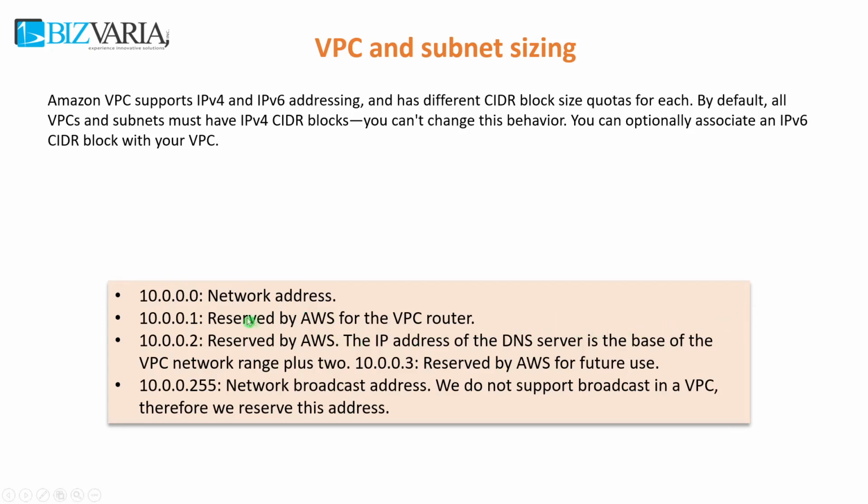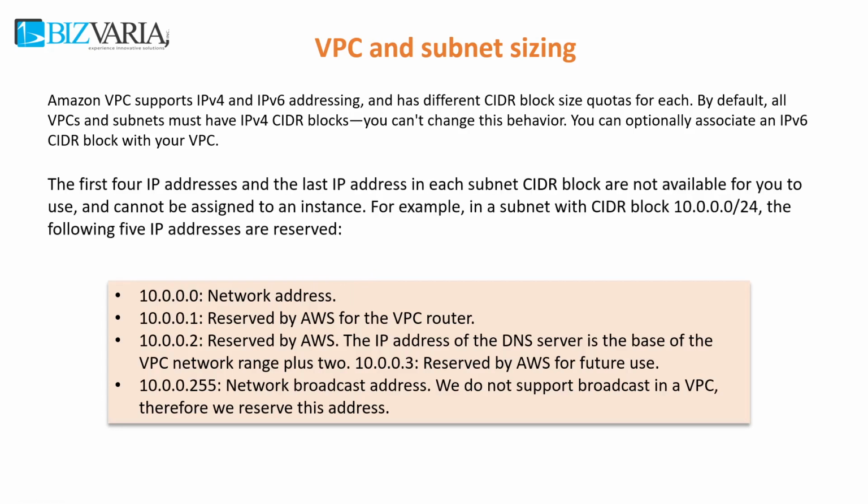So this is what happens. The network addresses are reserved when you create the CIDR block. When you do the sizing, 4 IP addresses are taken by Amazon. Let's say you have a CIDR block of 16 IP addresses for your subnet.